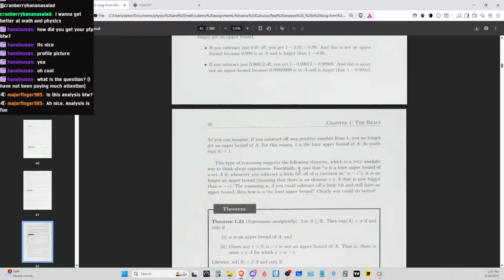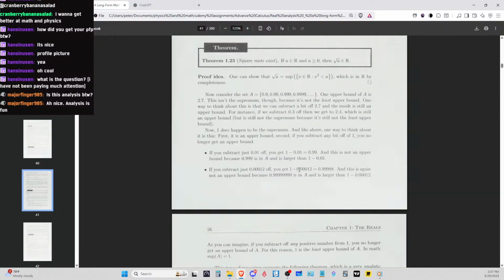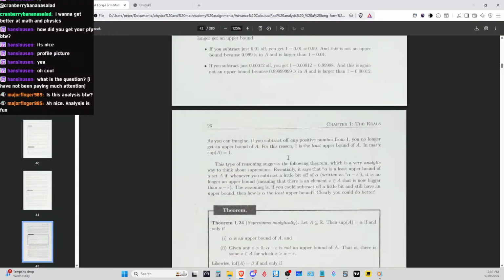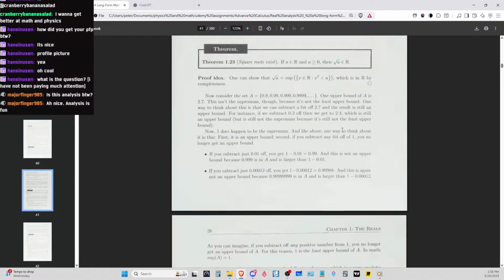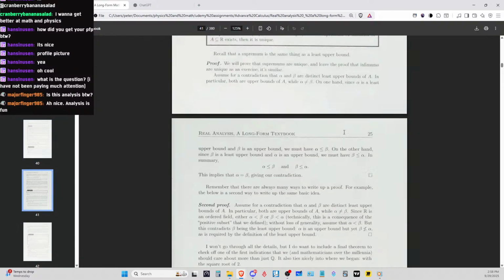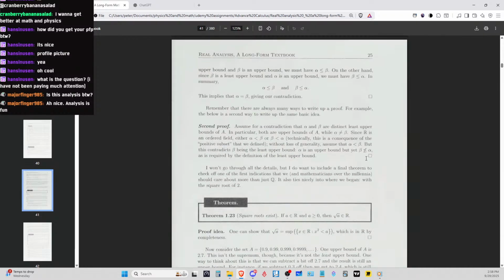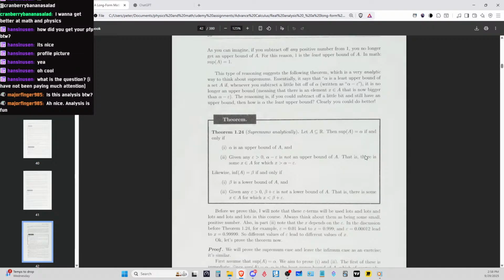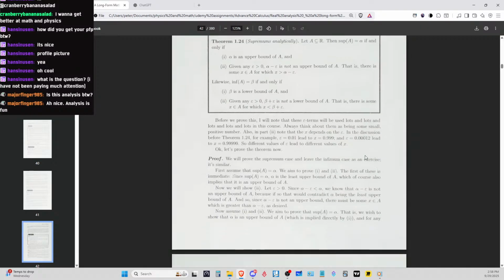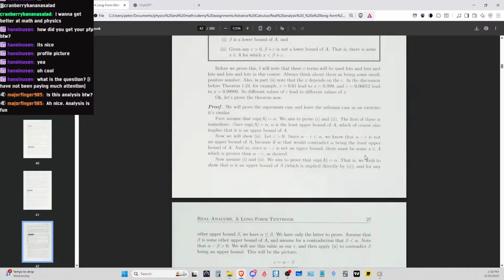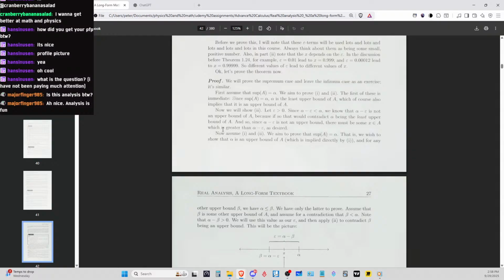Yeah, so I think epsilon is introduced in this section, because we have to think about bounds, like the least upper bound and the greatest lower bound, all these different things. Let me reread this part.